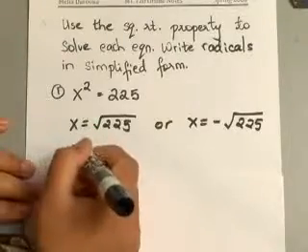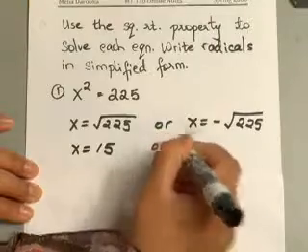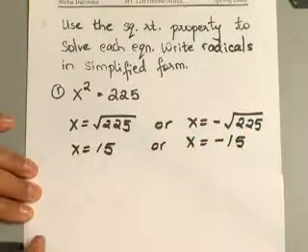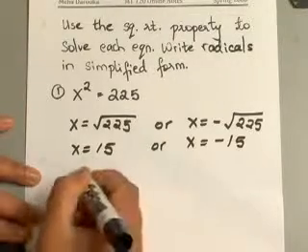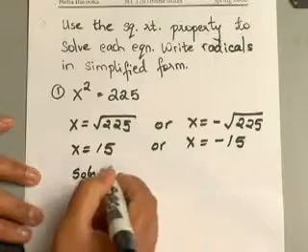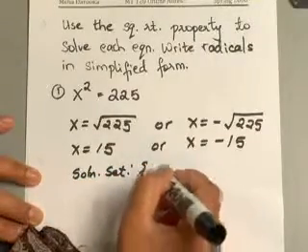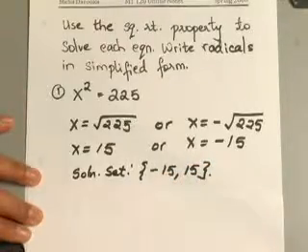Of course your answer should be 15. So your positive root will be 15 and your negative root will be negative 15. Again, if you want, you can go back and check your solutions, and your solution set is going to be negative 15 and positive 15.